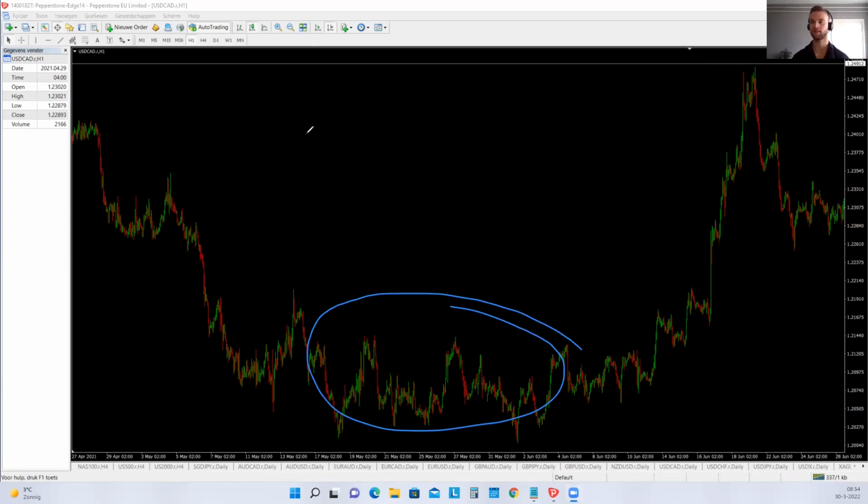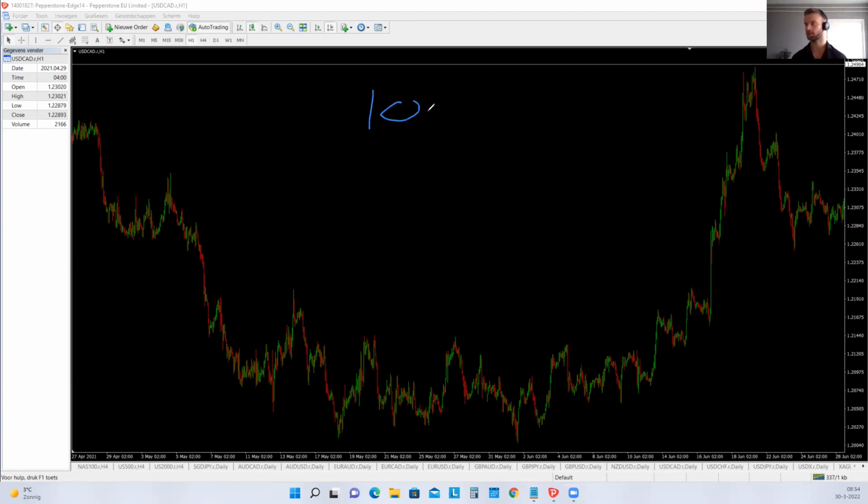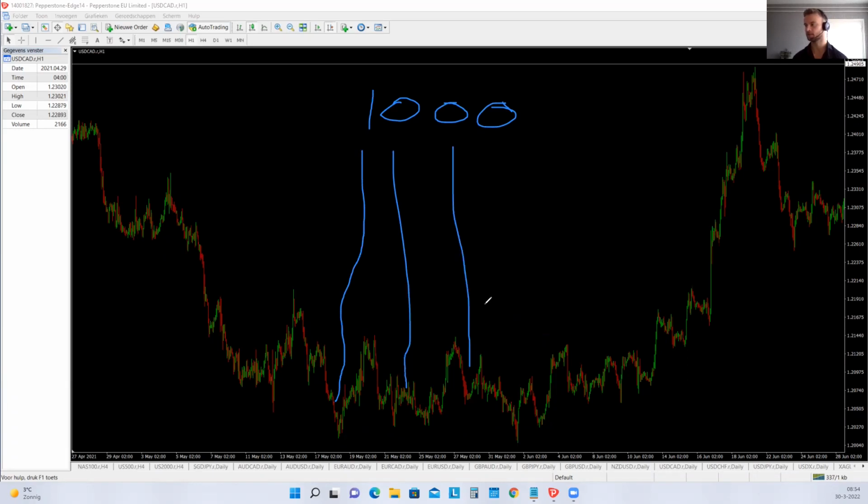So what actually happens during these ranges is that a bigger player splits his order. Let's say he has 1,000 lots. For a quick example, he's going to scale in a bit here, excuse the drawing, a bit here, and basically he builds his position during the range. This is done via an algorithm.